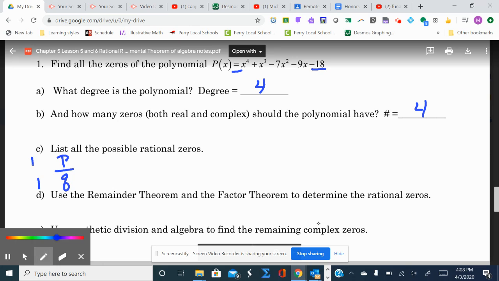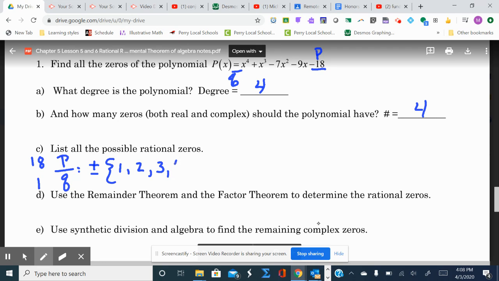All the factors of P, again, these are positive and negative. So we have factors of 18. Factors of 1 are just 1, so we don't have to have a denominator here. We have 1, 2, 3, 6, 9, and 18.